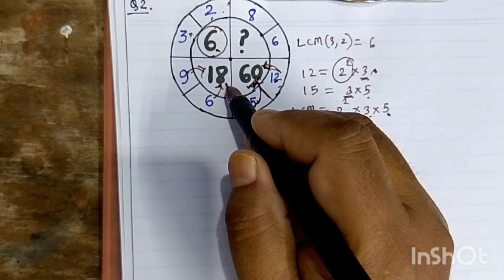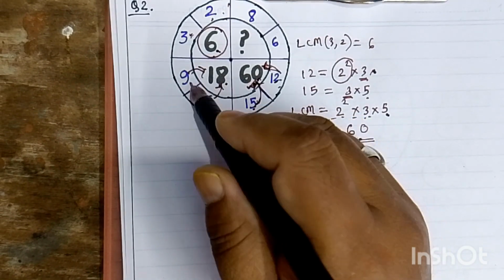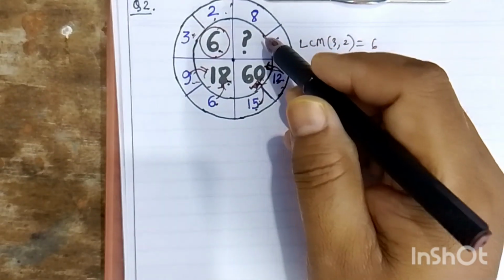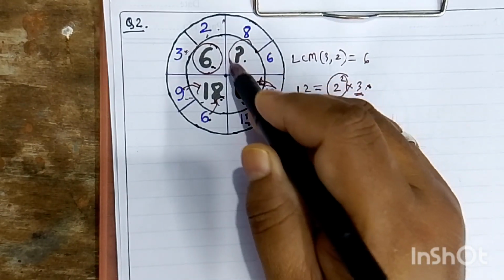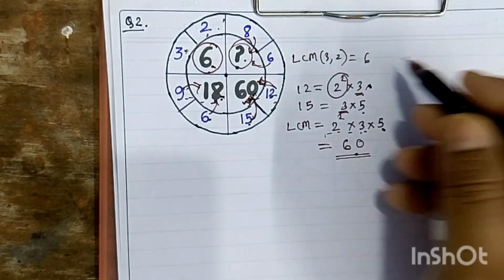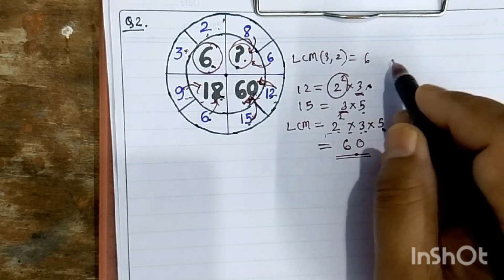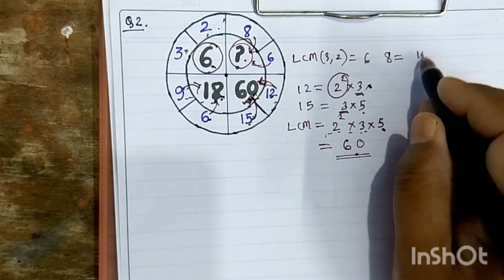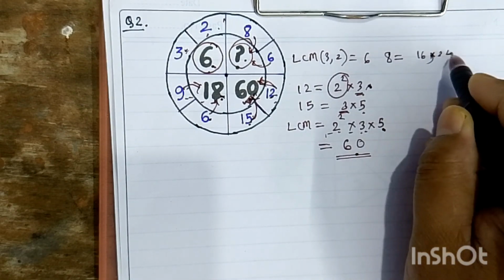Now 18 is also a multiple of 9 and 6, and it is the lowest common multiple of 9 and 6. Definitely the missing number is the lowest common multiple of 8 and 6. What is the lowest common multiple of 8 and 6? That is 24. We know that 8 times 1 is 8, 8 times 2 is 16 and 8 times 3 is 24.